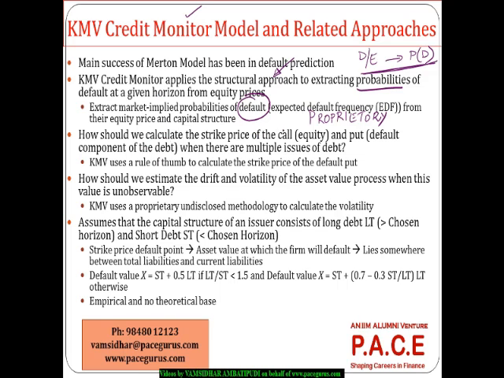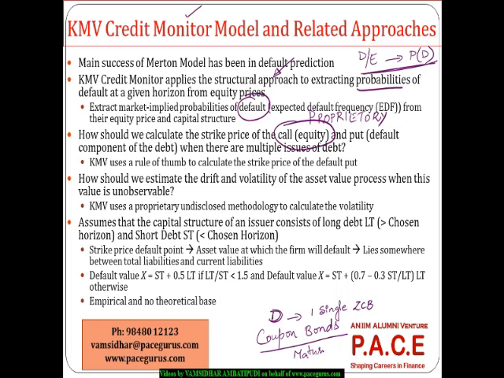How should we calculate the strike price of the call? We said the value of the debt, but this value of the debt we simply said as one single zero coupon bond. In case of Merton model, we said that it is one single zero coupon bond. Now this is where the KMV model came out with a kind of an objection. How do I really ensure that this model I can use for different coupon bonds, different maturities?